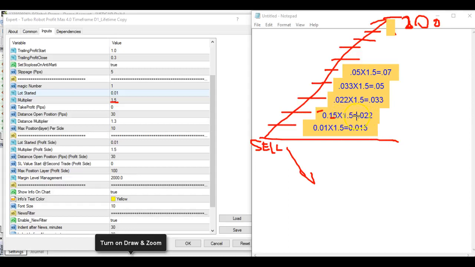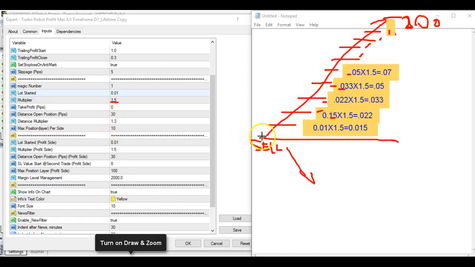Then you multiply it again, and this is your next lot size, and you multiply again, and so on and so on. The maximum you put here is 10, so you will be putting until 10. So that's the basics and how the calculation works for the maximum position per side.